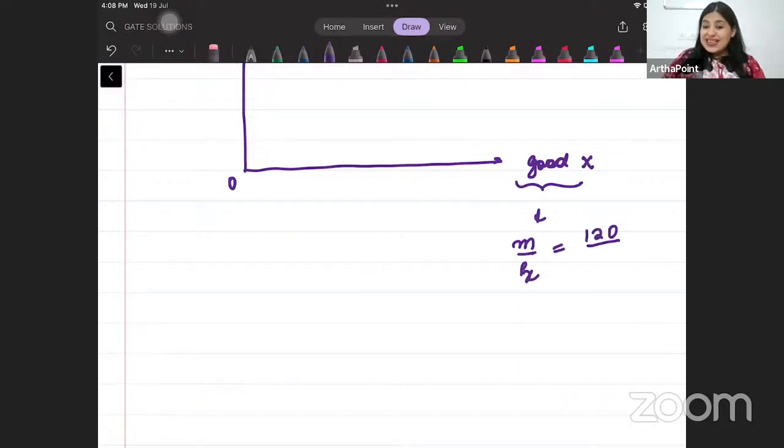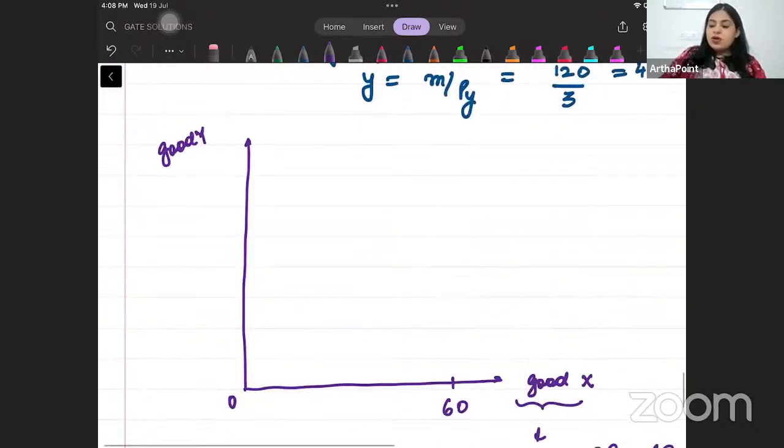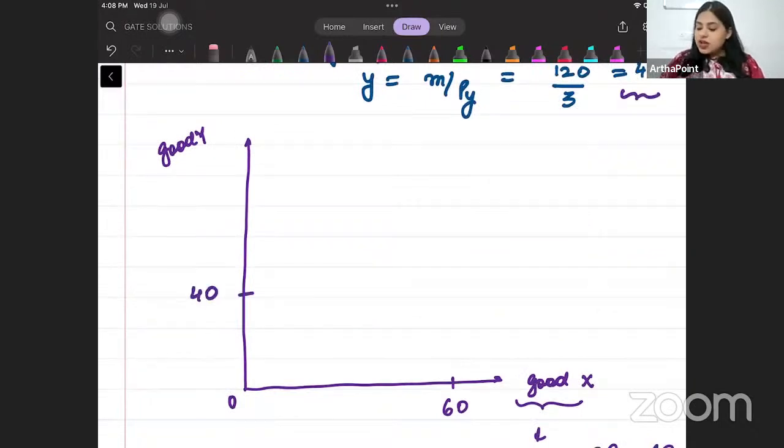Price of good X is 2. So the x-axis intercept is 60. The y-axis intercept is M by PY, which I found out as 40. So my budget line is this. This is what your budget line should be.